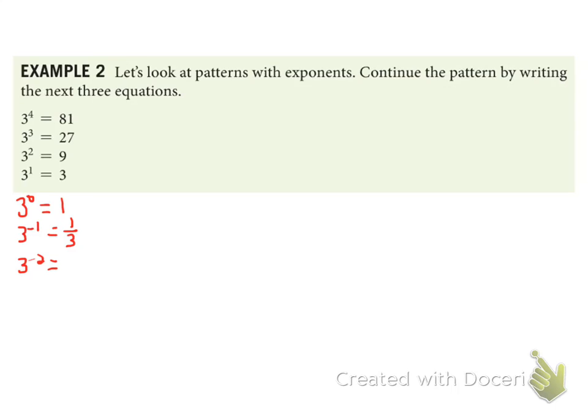Which is equal to? It would be 1 over 9. Now using what we did in example 1, we could actually write that as 1 over 3 squared to make the exponent positive, which is also 1/9.